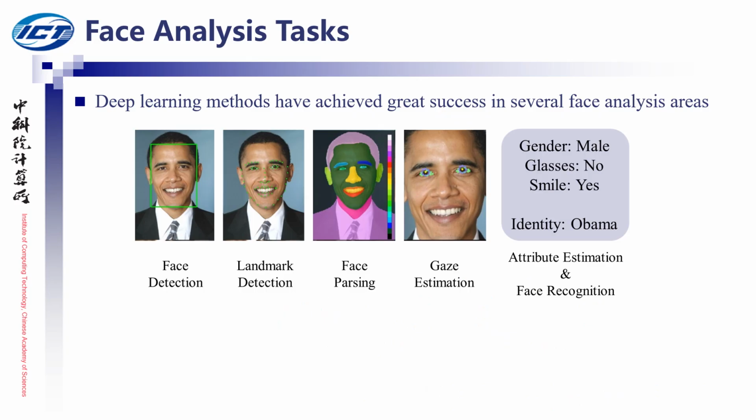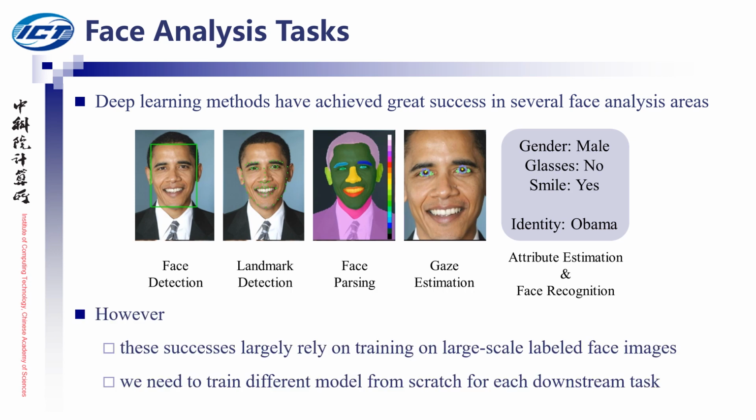In recent years, deep learning methods have achieved great success in several face analysis tasks. However, this success largely relies on training on large-scale labeled face images, and we need to train different models from scratch for each downstream task.